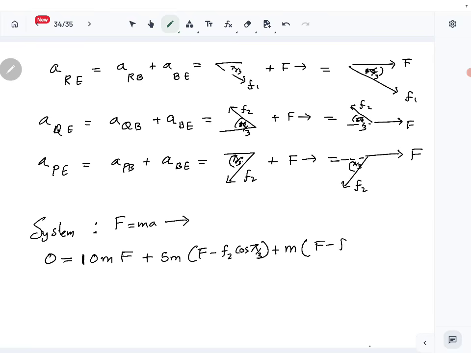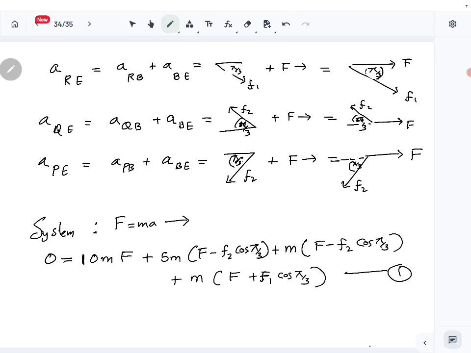Then the last one is R. Mass is m. What is the acceleration to the right? Capital F plus F1 cos pi over 3. Right. So this is your first equation.